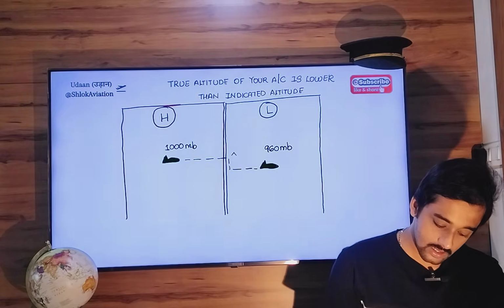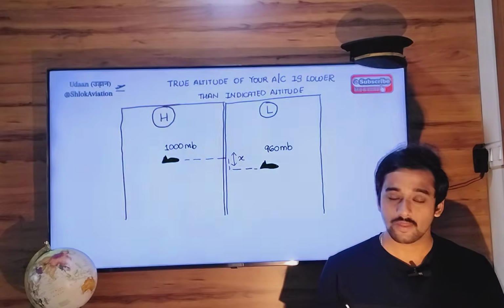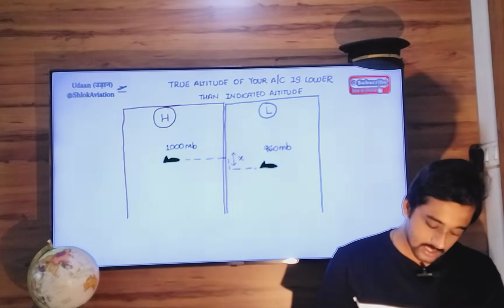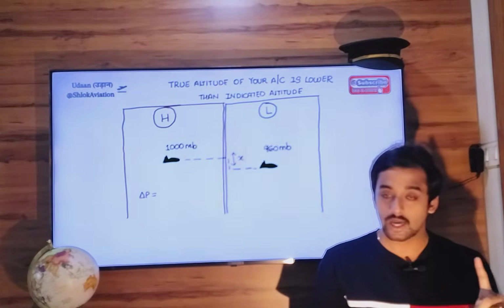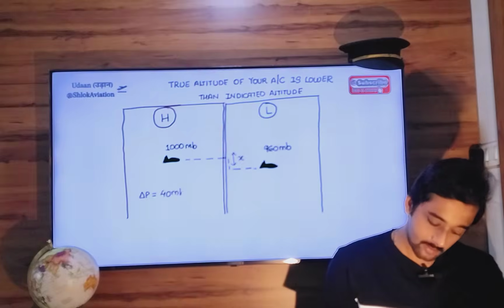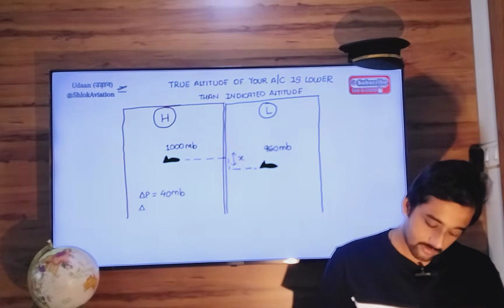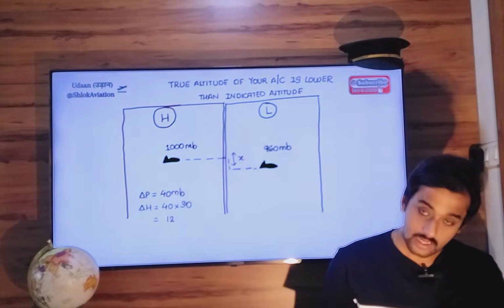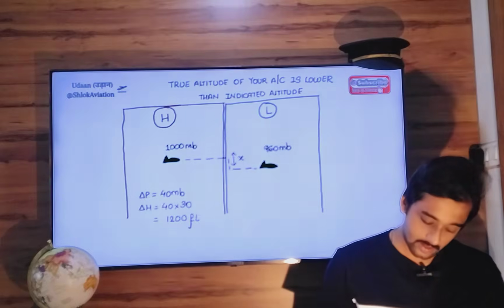Now that is equal to pressure difference. What is the pressure difference between them? 1000 minus 960 is 40 millibar. That is equal to a height difference of approximately 40 into 30, that is equal to 1200 feet.